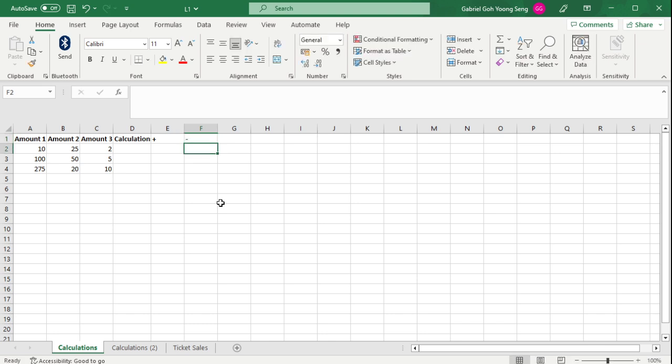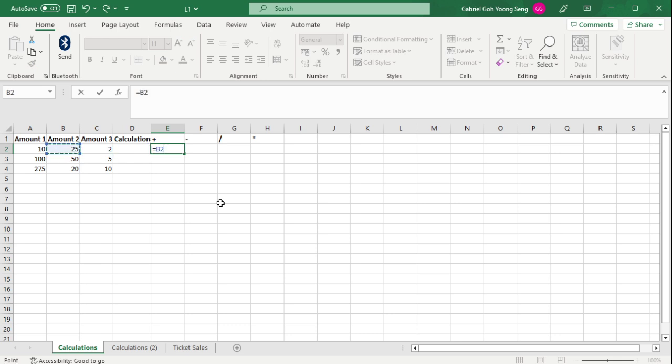Equals is the most generic one, and generally everyone will start with equals. Normally people do not start with plus or minus, but I'm just going to put here divide as well as times, so at least you can see what happens when I do each of it.